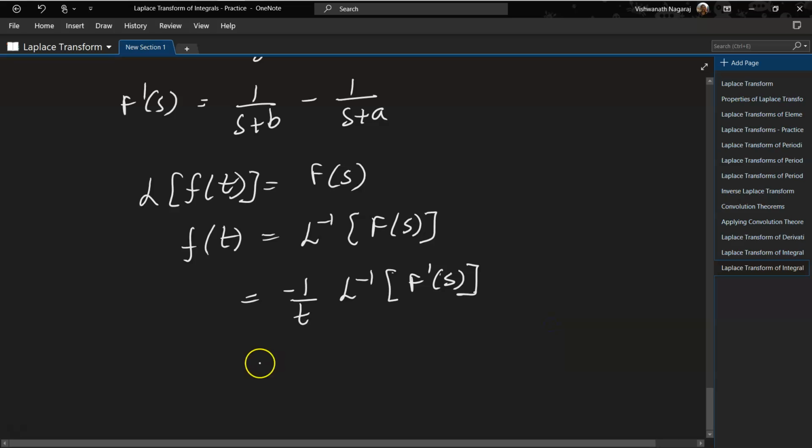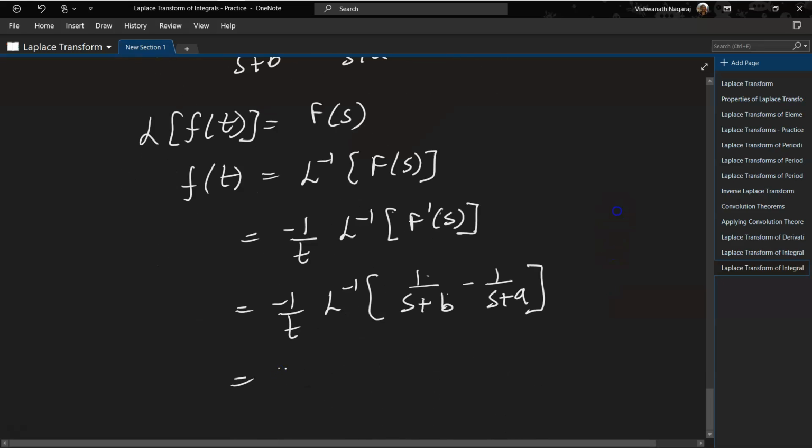You have to remember the theorems. And this is minus 1 by t Laplace inverse of 1 by s plus b minus 1 by s plus a.